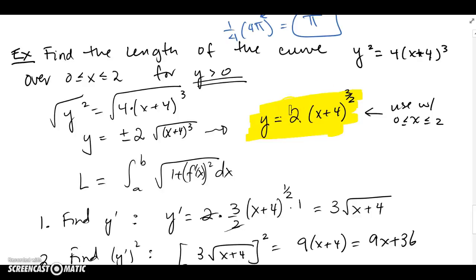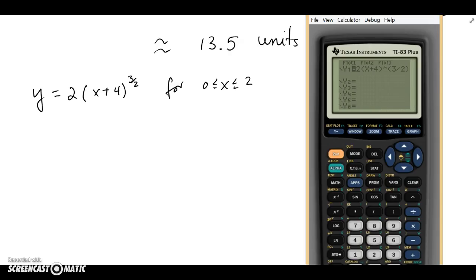So I should be able to punch this into my TI and take a look at what it looks like between 0 and 2, and see if it makes sense that I might have 13.5 units for that length. So I got 2 times the quantity x plus 4 raised to the 3/2 on my TI. Let's do a zoom standard first, zoom 6, to see what that looks like.